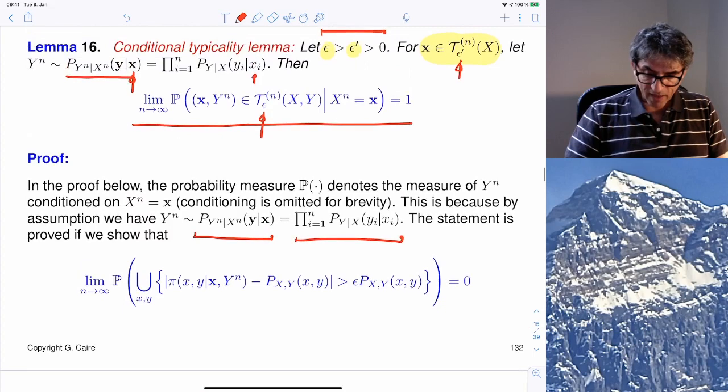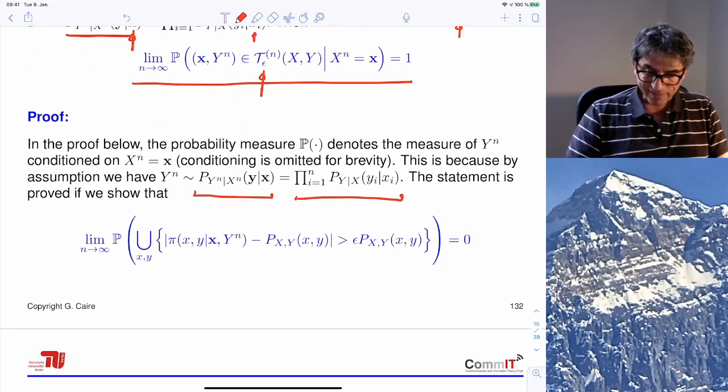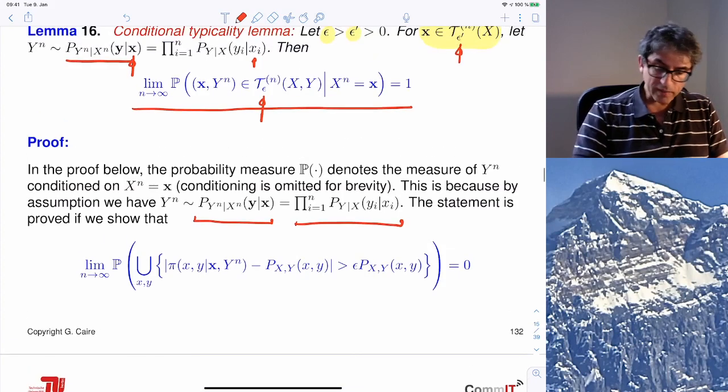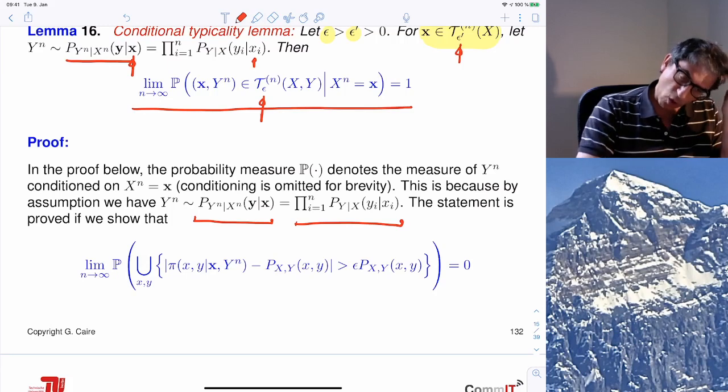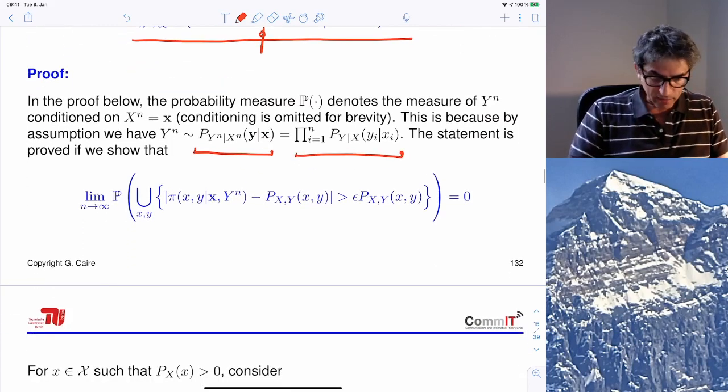And in fact, we want to show that the probability that this generated y is not jointly typical goes to 0. So instead of showing that it is jointly typical goes to 1, we show that the complement event, that it is not jointly typical, goes to 0. And what does it mean to be not jointly typical?